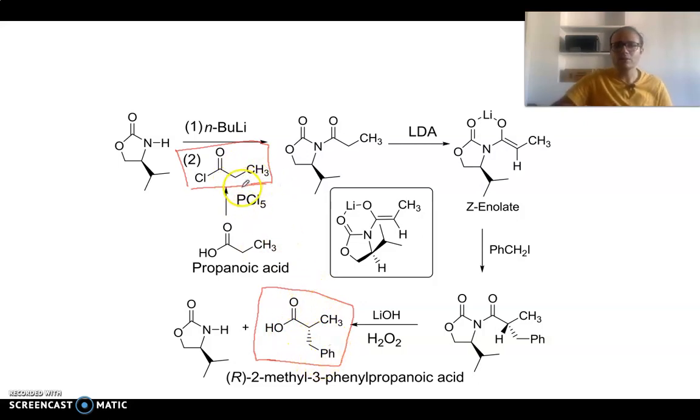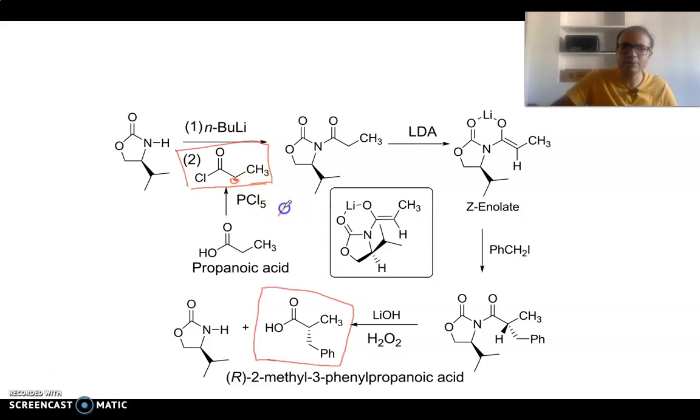Okay, so one very easy way of doing it is by treating it with base. You can generate a kind of negative charge here by abstraction of a proton, so it becomes negatively charged.